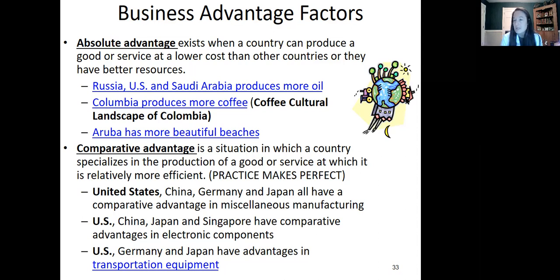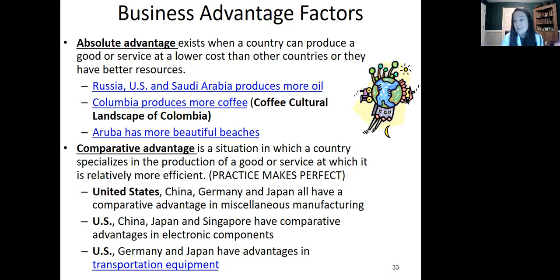So this would be countries that can produce stuff, like cars and cell phones, computers, but one country seems to do it better. Like when we think of technology, there's a lot of countries that produce technology. But when we think of quality technology, we think of Japan and the United States.